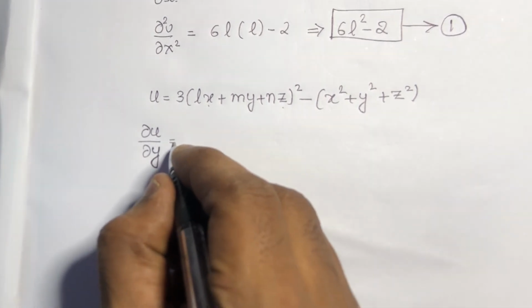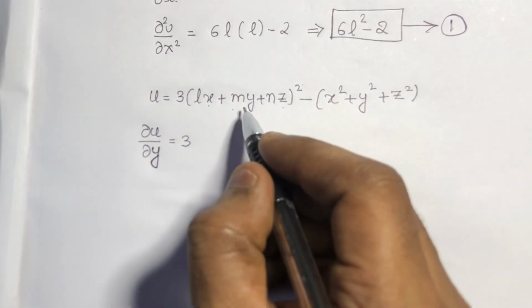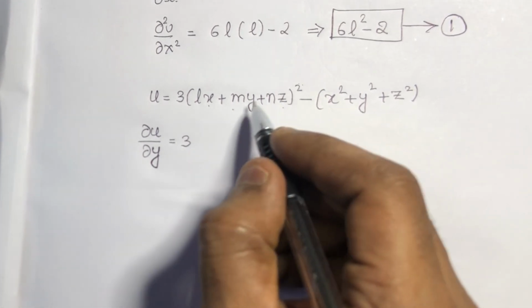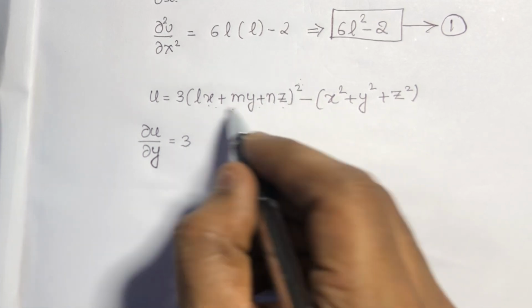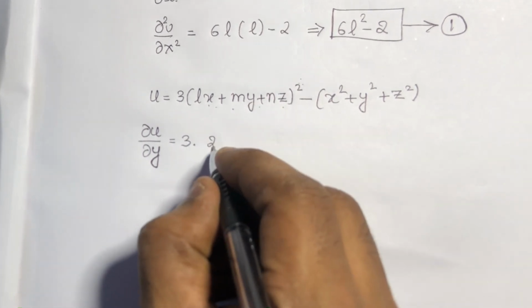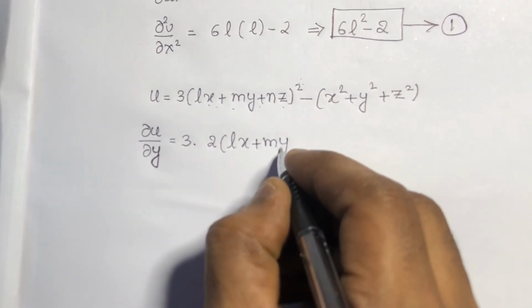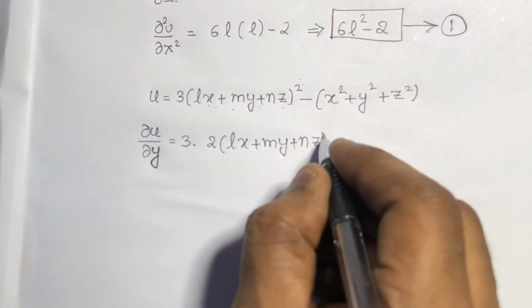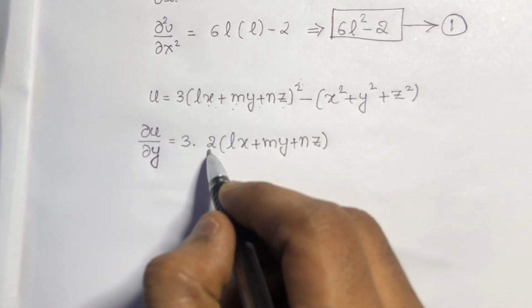Now 3 into, again it's like x power 2, that is x power n. Partial differentiation of x power n is n x to the power of n minus 1. So it will become 2 times (Lx + My + Nz) power 1. So it is x square, it can be written as 2x.